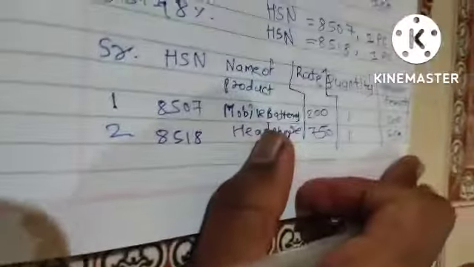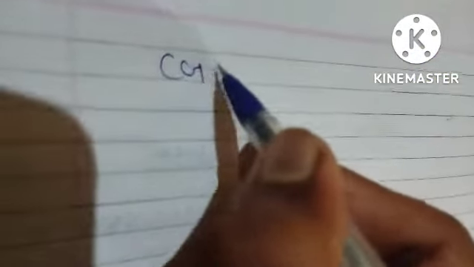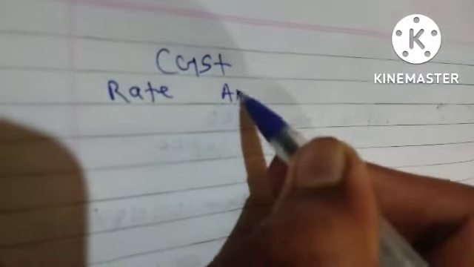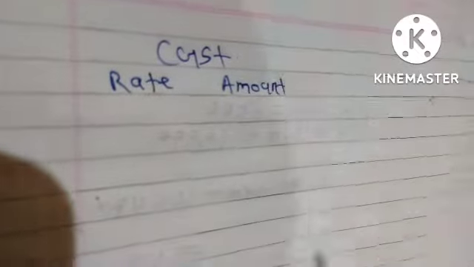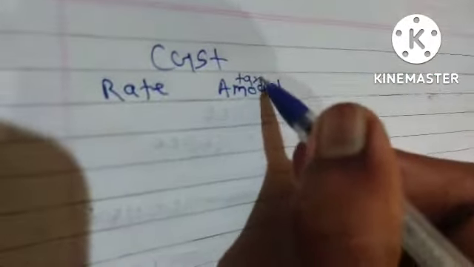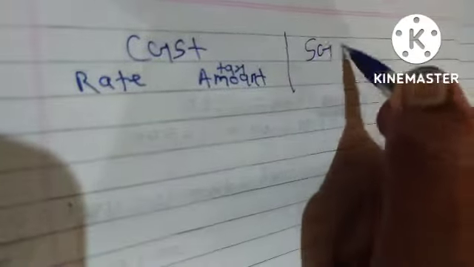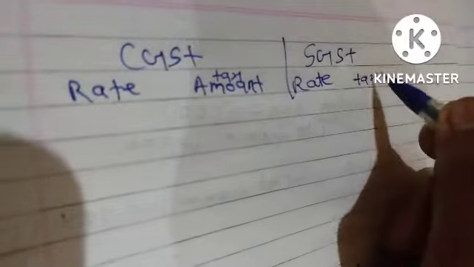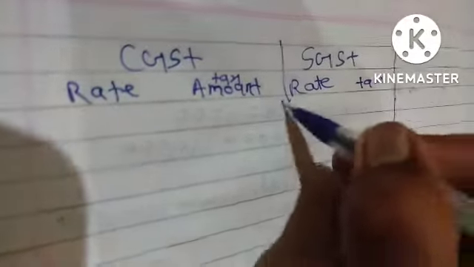Next, let's find CGST and SGST. CGST, rate and amount or tax. SGST, rate or tax, or you can write amount. Let's find here the taxable amount for the mobile battery is 200.